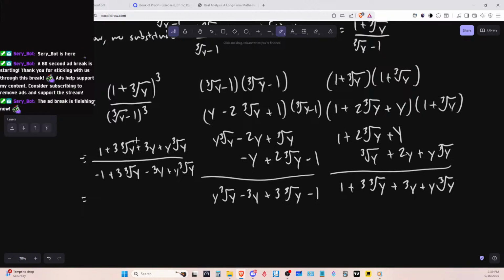So now I think we're gonna have to do it by grouping, I think. Yeah, I think grouping is probably gonna, so we can put these two together, and then we can put these two together. Then we can do the same thing over here.